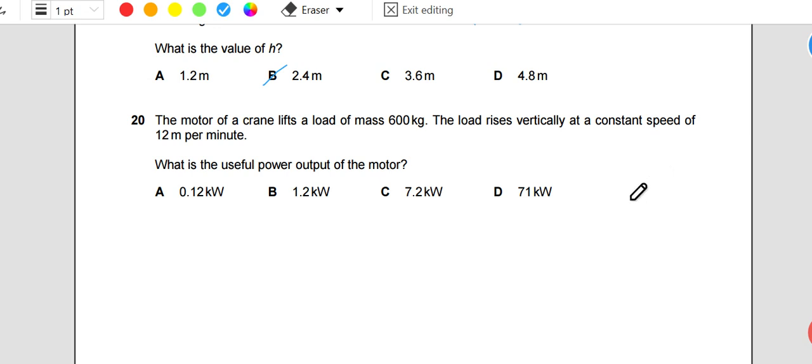Here the energy gained is 600 times 10 times 12. It is the increase in GPE, m times g times delta h, divided by the time. In minutes, so it is 60 seconds, and it is 1200 watt or 1.2 kilowatt.